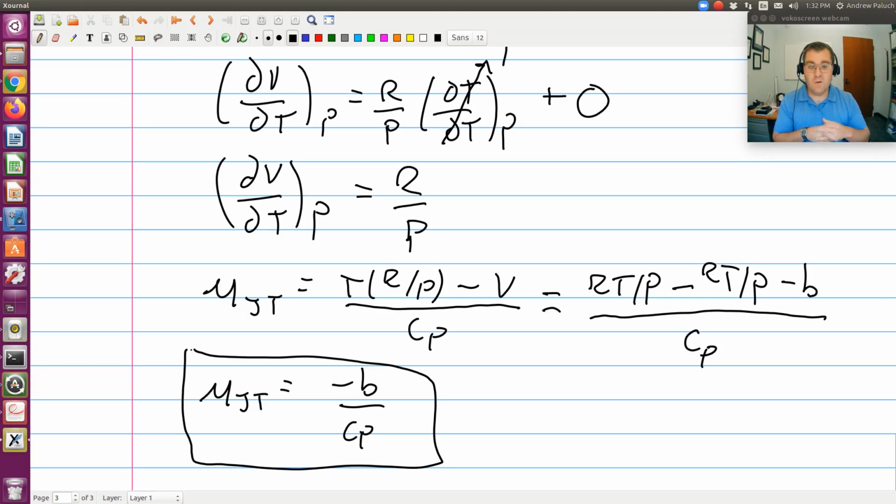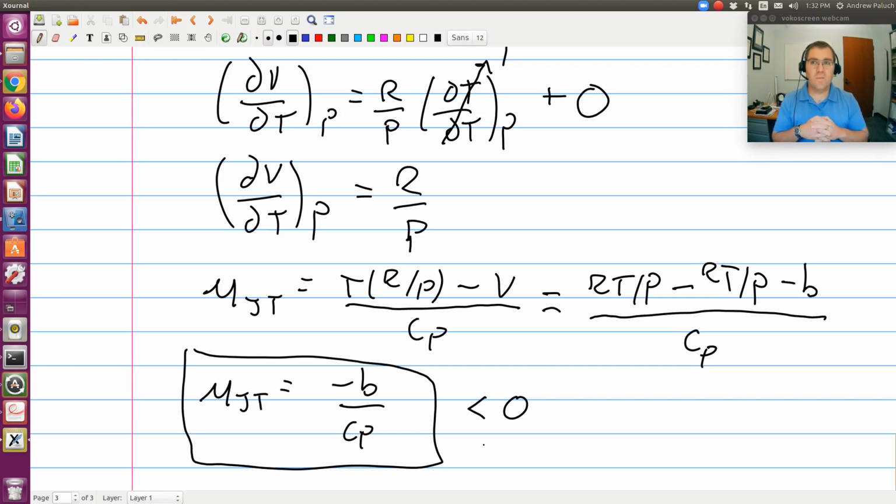So negative B over Cp is going to be less than 0.